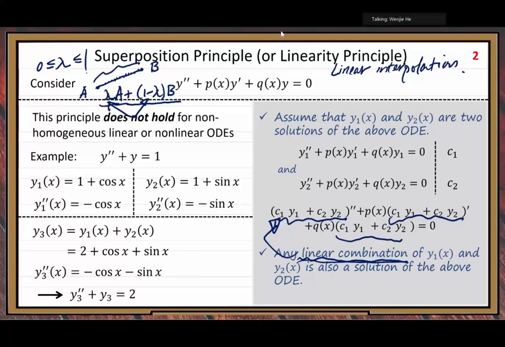When lambda takes 1, you are at the A point. When lambda takes 0, you are at the B point. Those are the 2 endpoints. So this is the linear interpolation concept.